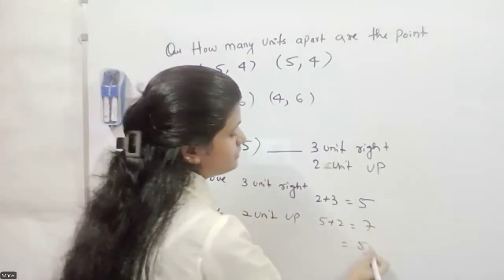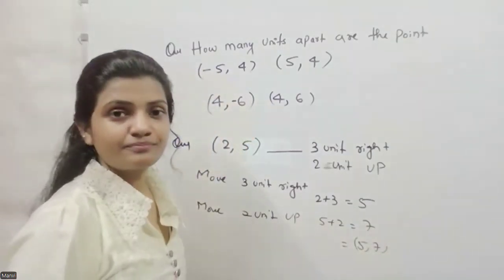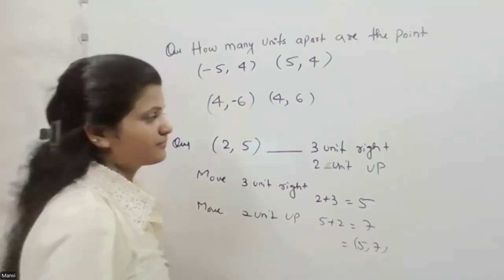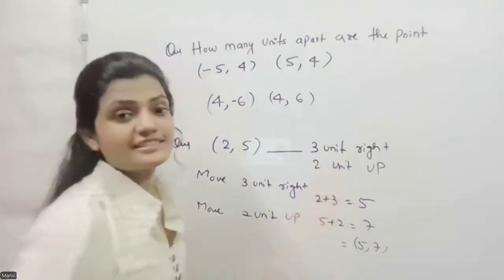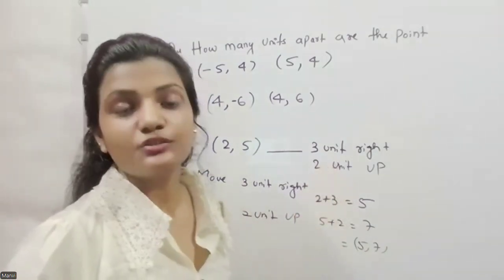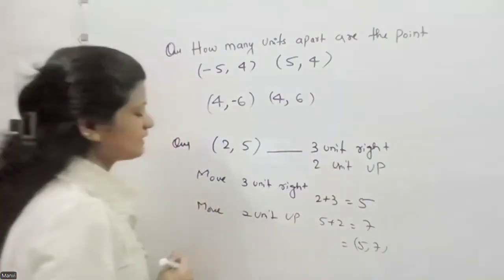Yeah, the answer will be 5 comma 7. But you said the correct answer when I started explaining, right? You need to give me the answer before I start the explanation.